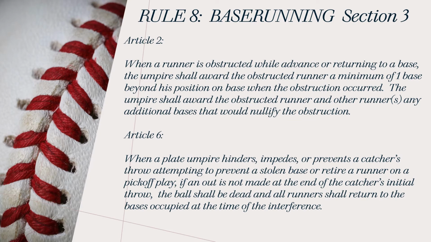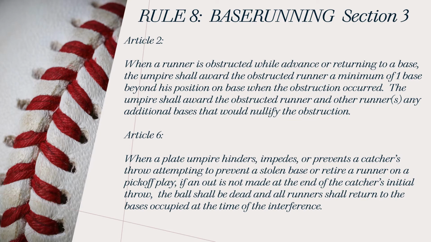Now, depending on how the play ends up working out, if he tries to stretch it to third, we have to then make a judgment. Would he have achieved third base if the obstruction did not occur? So it's not an always this or an always that ruling. It's where we have to understand the rule and be able to apply the rule, and we have to do our job to earn our money on that call. So he is protected just one base, and then we make our judgment beyond that.